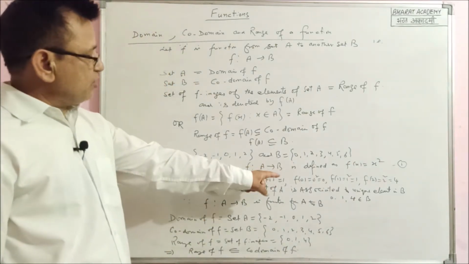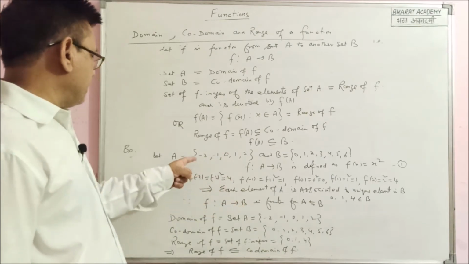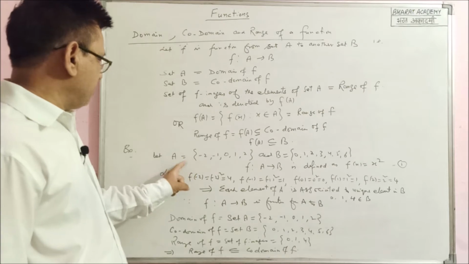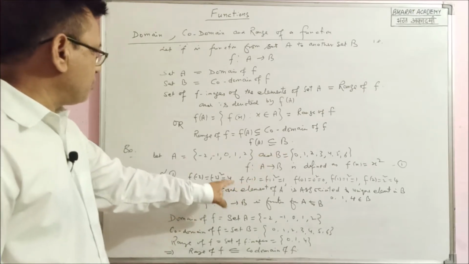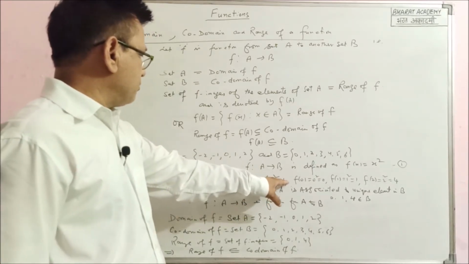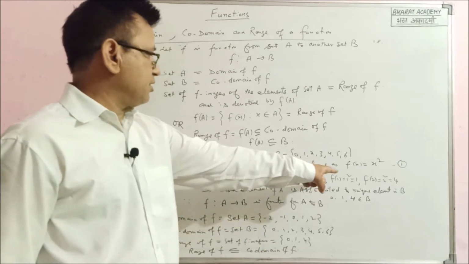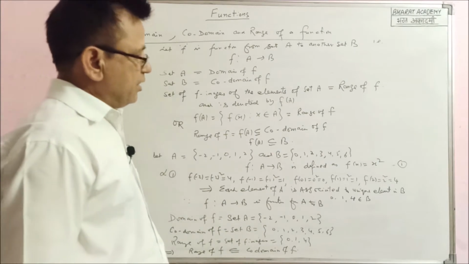So on the basis of this definition, f(x) equal to x square, here for each element of A, f(-2), its whole square is 4, f(-1) its whole square is 1, f(0) its square is 0, f(1) its square is 1, f(2) its whole square is 4.